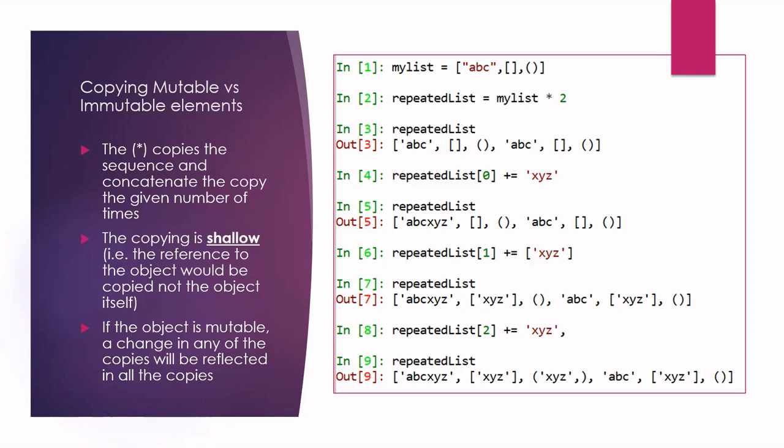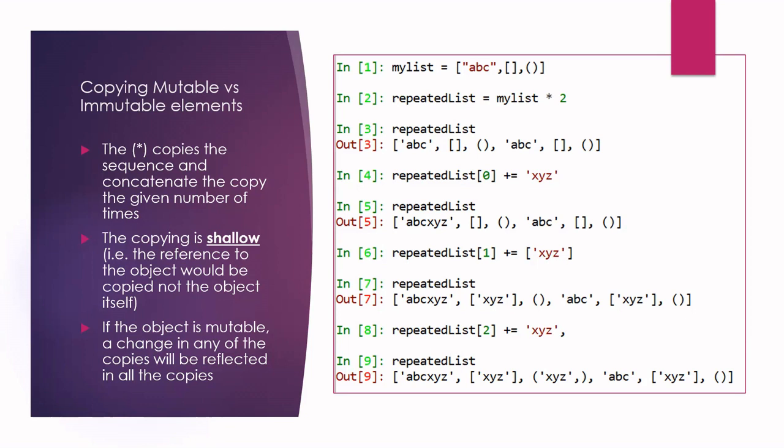Now, if I try to append something to the list, this one, I only use the first index here to make that change. Now, when I printed both the original value and the copy, I can see the change because both of them are still pointing to the same object, right?